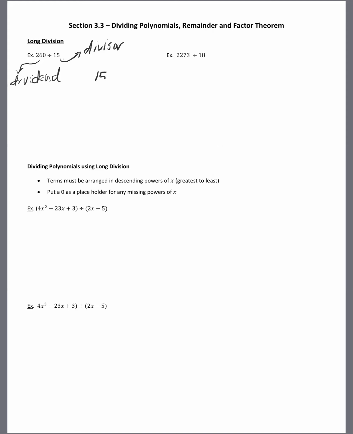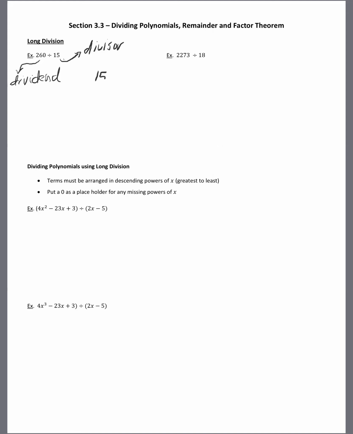And now it's going to sound kind of silly, but these are the things I want you to think about. When you start to divide 15 into 260, the first thing that you'll notice is that 15 will not divide into the 2 by itself. You need double digit since 15 is double digit. So we're going to look at how many times will 15 divide into 26. 15 divides into 26 one time.